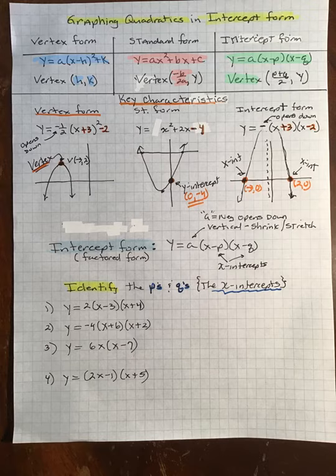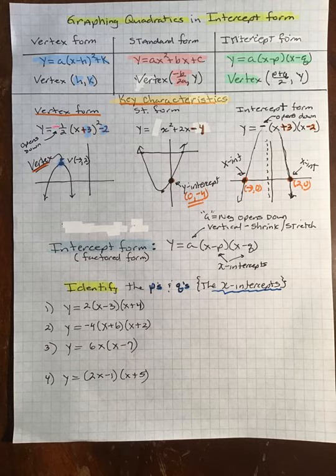So the three different forms, what are the key characteristics of the three different forms? They all have something that is easy to read about them. In vertex form, obviously you can just see with your eyes what the vertex is, and you don't have to do any math to find the vertex. That's one of the reasons why we love that form. And obviously we can tell if the parabola is opening up or down.